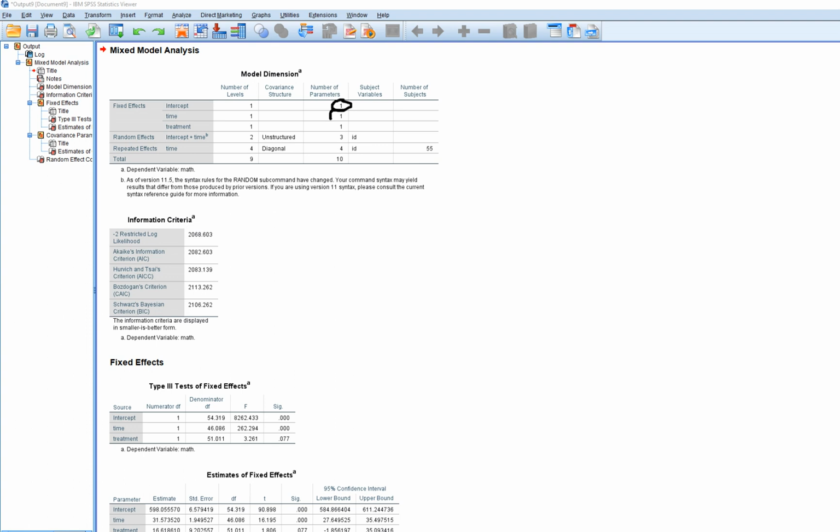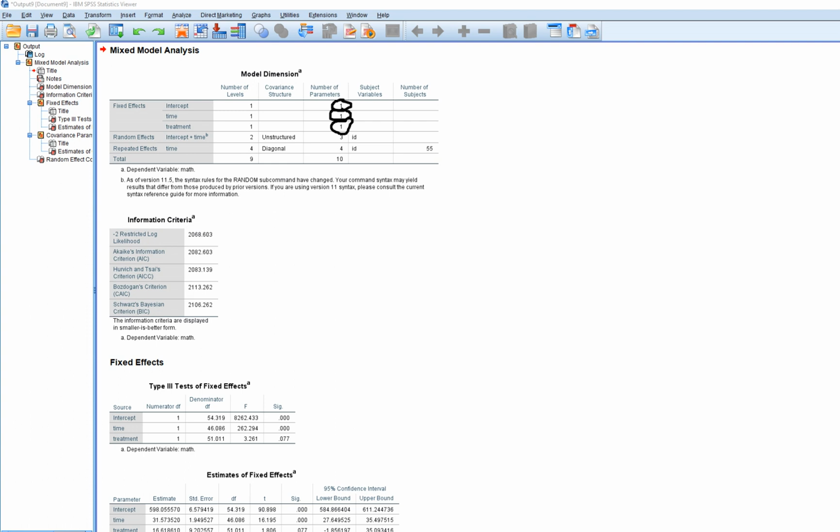We'll have a fixed effect for time, which is the grand mean of the slopes for time across students. And we'll also have a fixed effect for treatment, which looks at differences between the treatment and control group, specifically at the initial status at time 1.